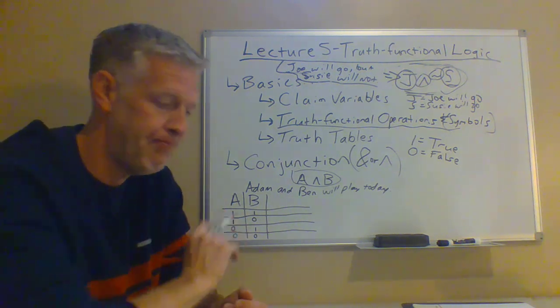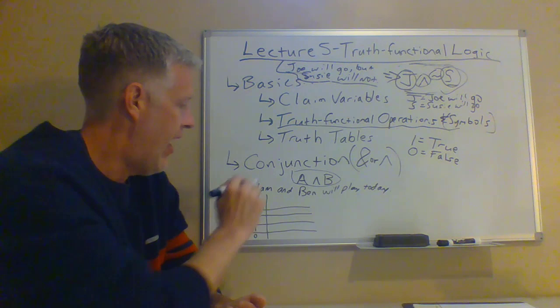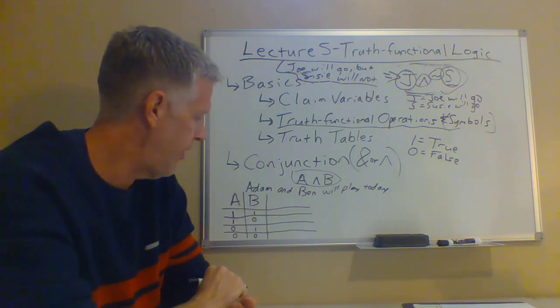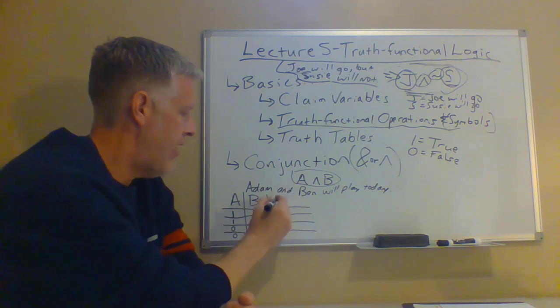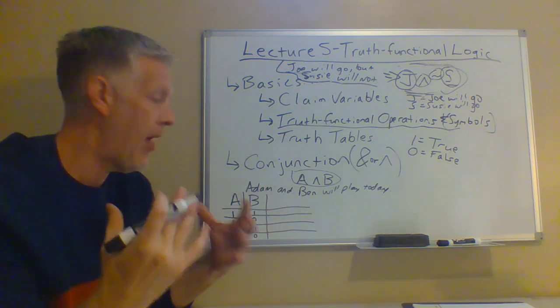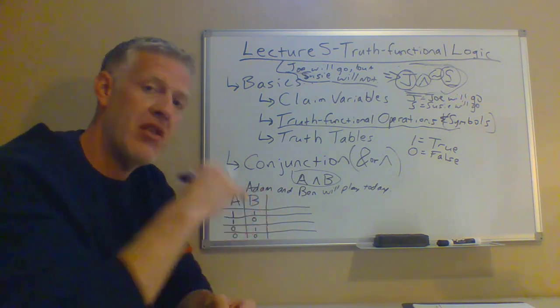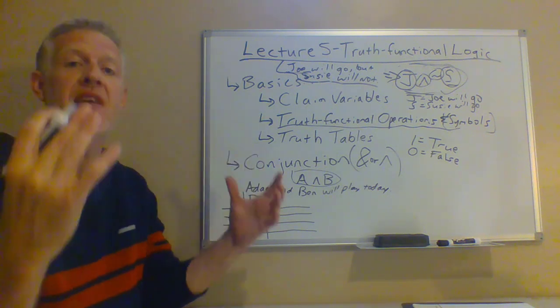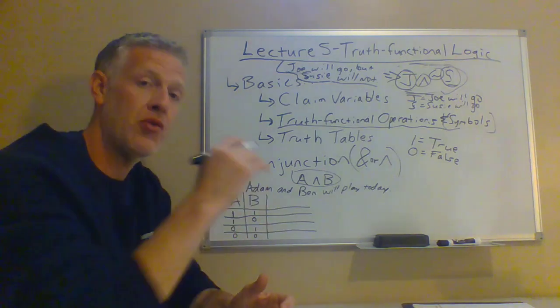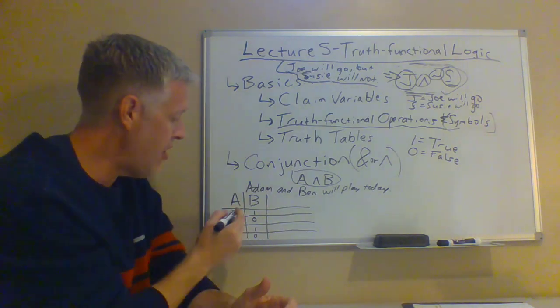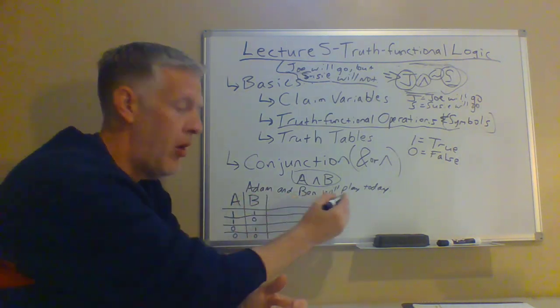And then now this person who's telling us this, Adam and Ben will play today, they're saying confidently. Right? To assess or analyze that entire claim or that compound claim, whether it's true or false, everything they've said, right, Adam and Ben will play today, how do we assess whether that's true or false? Well, whether that's true or false is going to depend on the truth values of the individual parts within it.